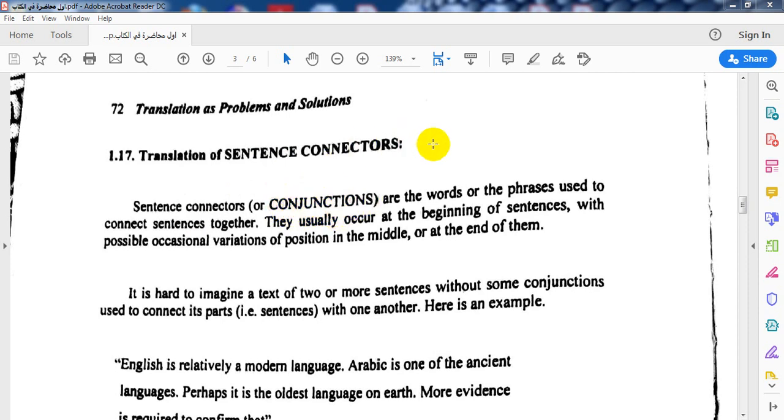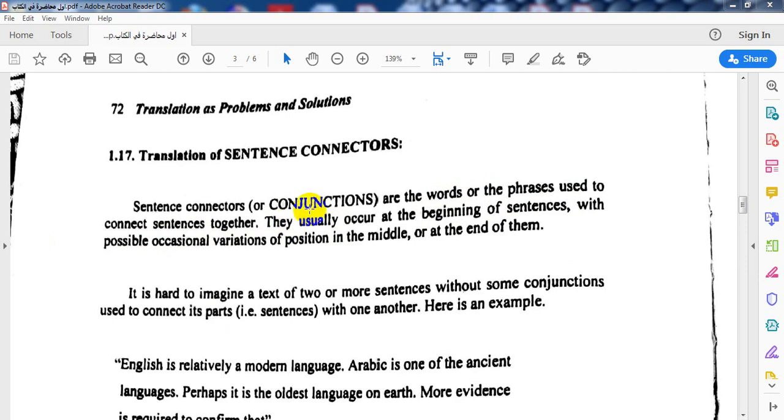As the name tells, they join, they connect sentences in English, and in all languages, not just in English.